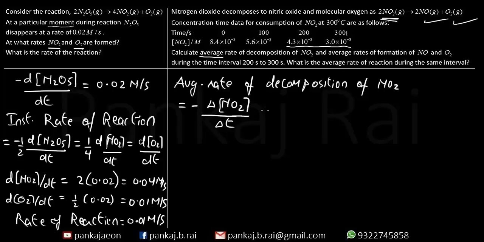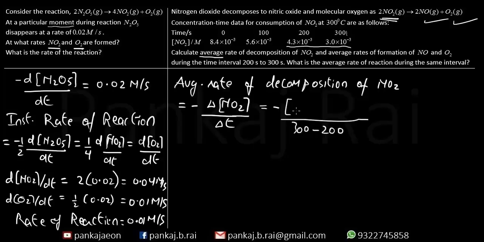That is the basic formula for consumption. And that is equal to minus of the concentration at 300 seconds minus the concentration at 200 seconds upon 300 minus 200.